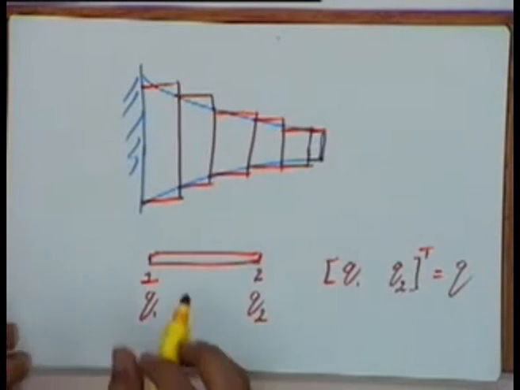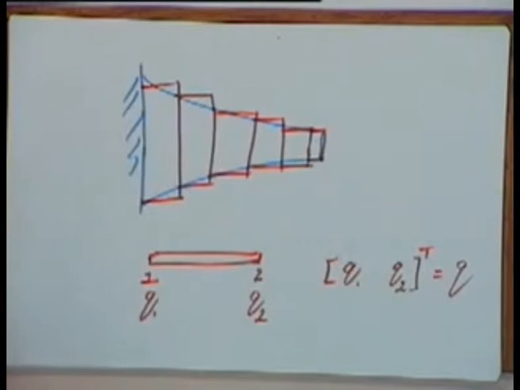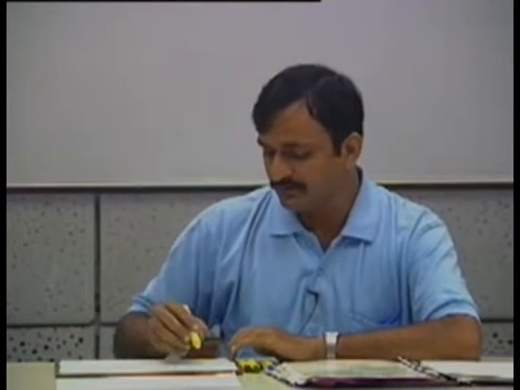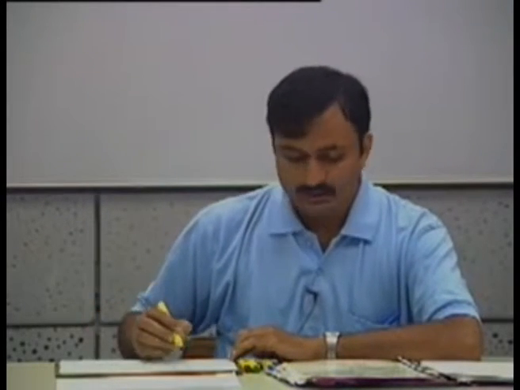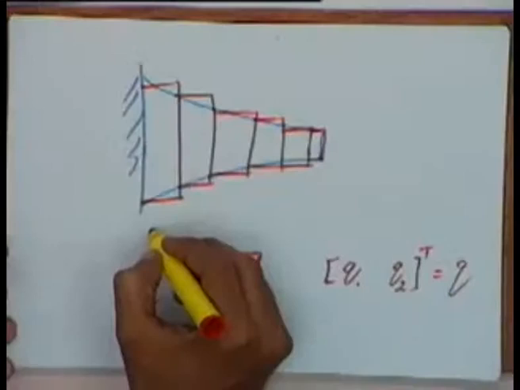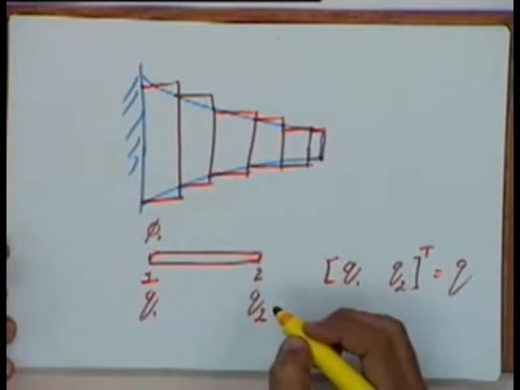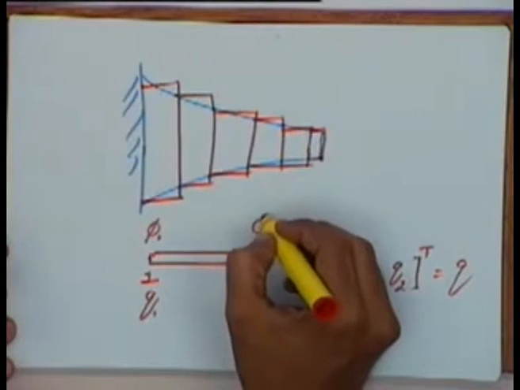Okay. Now in this Galerkin's approach we are giving it a virtual displacement. So if we give this a virtual displacement, let us say the virtual displacement at this end is phi 1 and the virtual displacement at this end is phi 2.